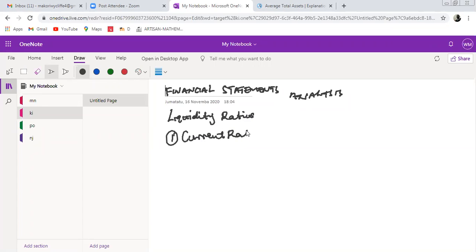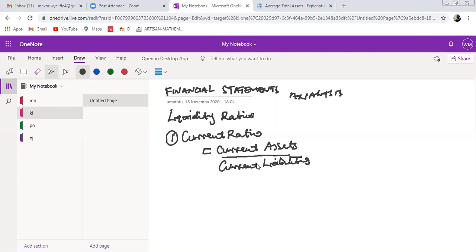The current ratio is normally given by current assets over current liabilities. Current ratio is given by the current assets over current liabilities.